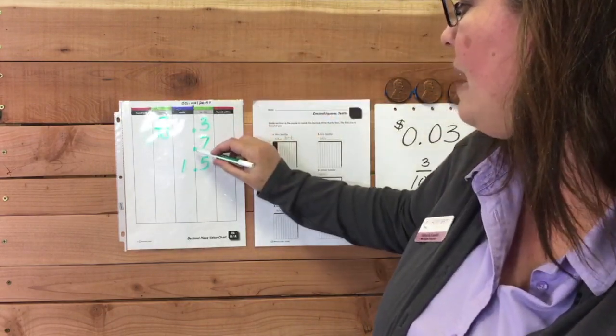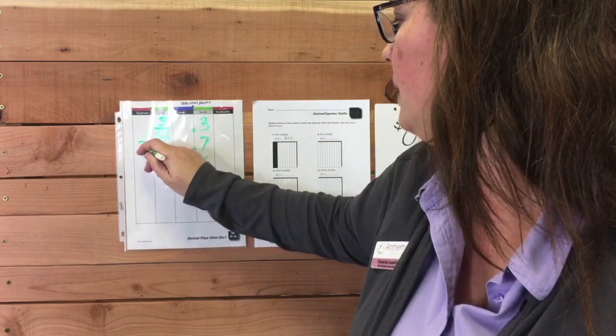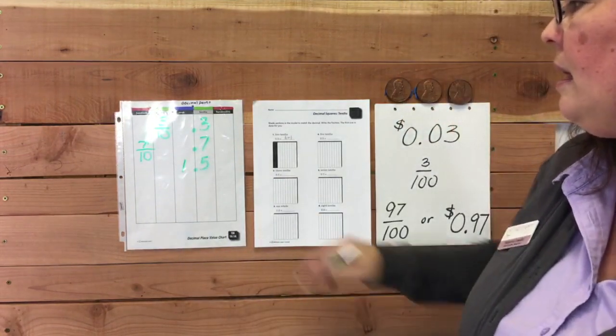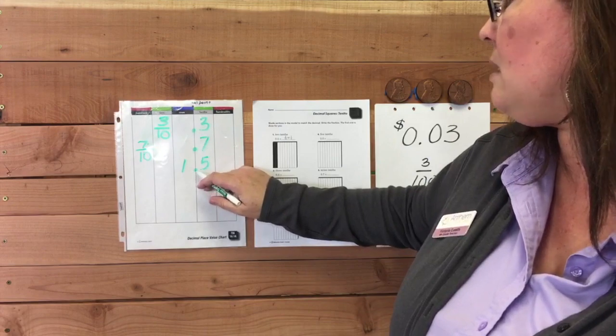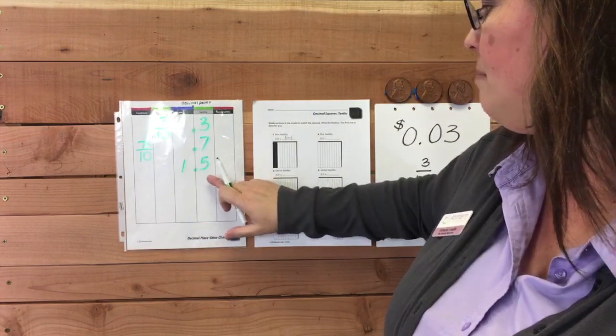And then we have 7 tenths, 0.7. I'll put it over here in this section, 7/10. And then here we have a whole number, the decimal point, and then a tenths place. So we know that's going to be a mixed number.